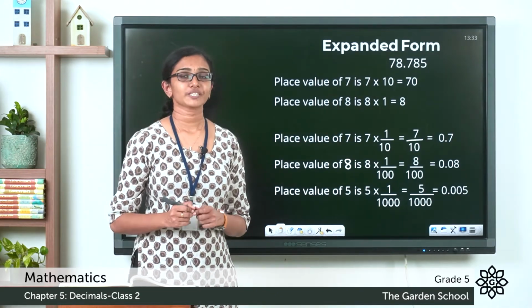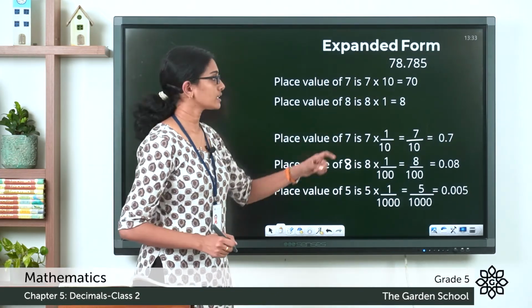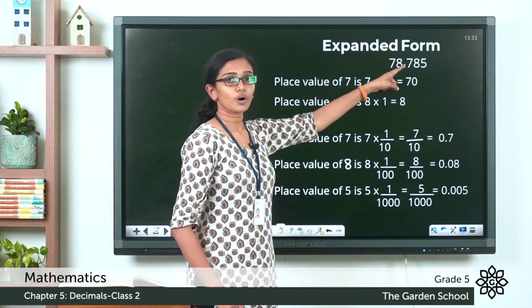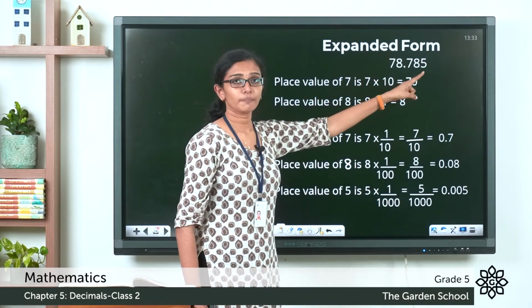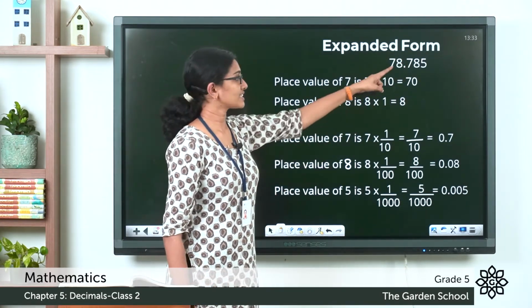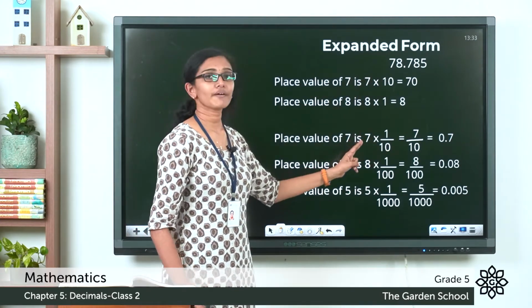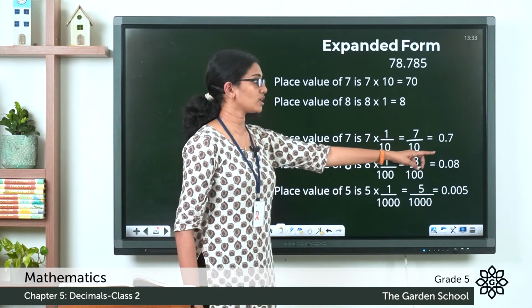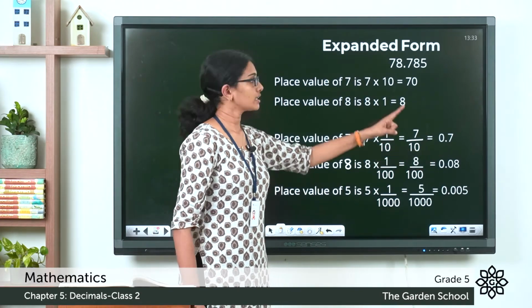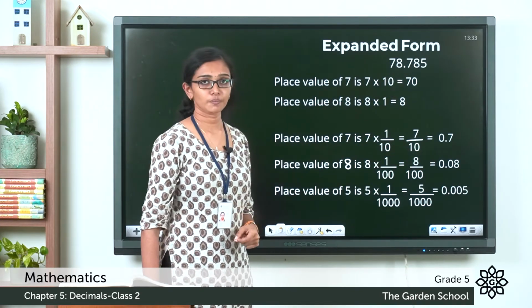Now let's see the place value of the digits in the decimal part. Now what is the value of the 7 in the decimal part? The place value of 7 in the decimal part is 7 tenths or 7 into 1 by 10, and it is equal to 0.7. What about the 8 in the hundredths part?